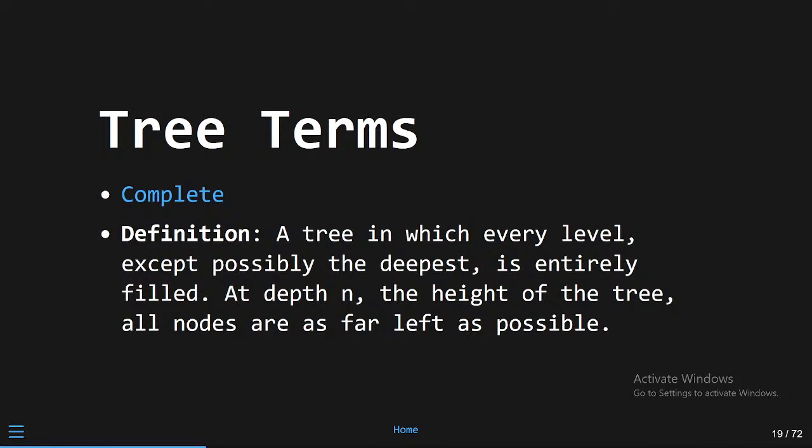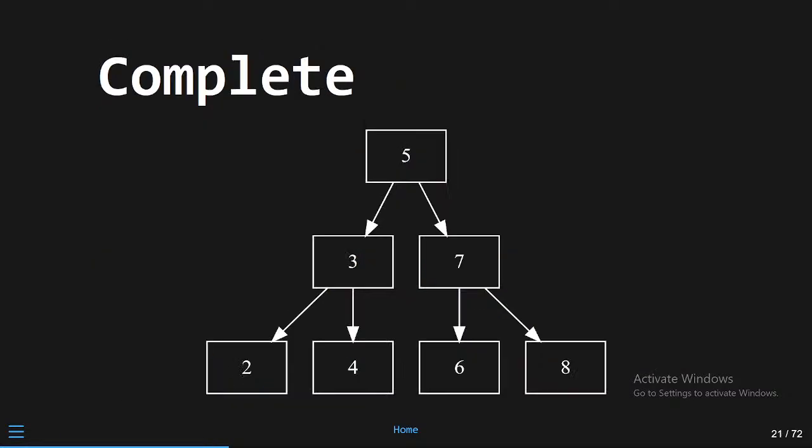And when we say filled out all the way, either that's filled out all the way across, which is a little bit too strict because then we can only have power of 2 numbers of transactions, or we say all of the leaves are as far left as possible. So we push all the leaves to one side. And it doesn't actually matter which side it is, but they're all pushed to one side. So let's look at a few examples of this.